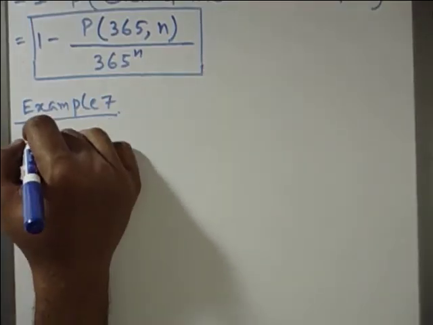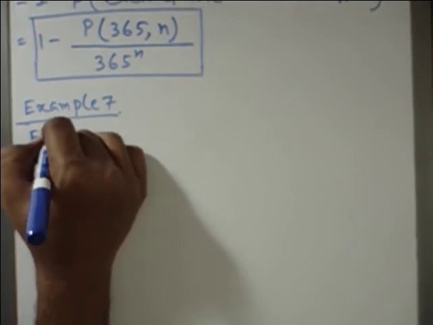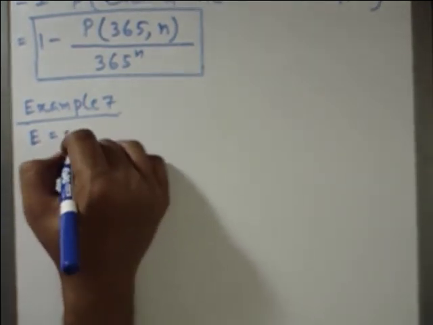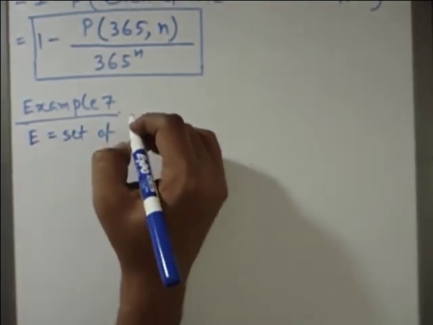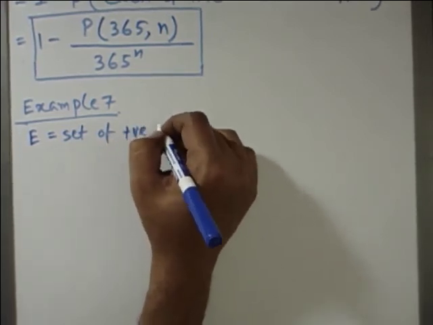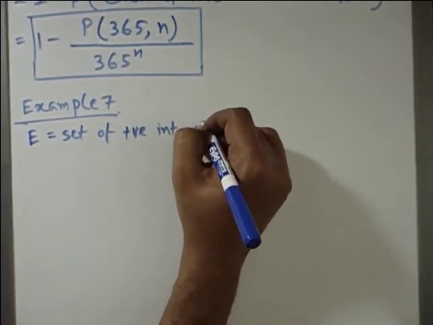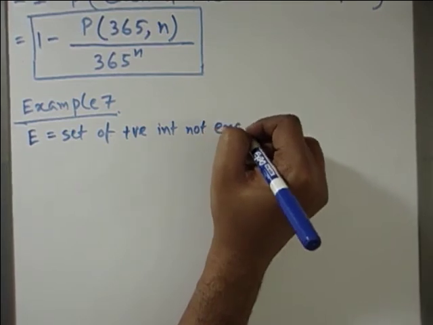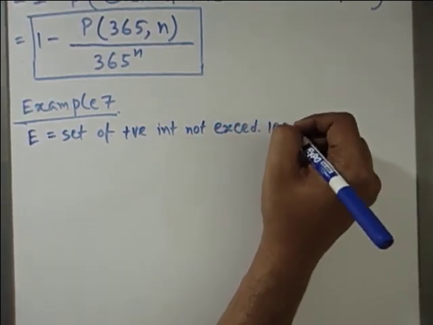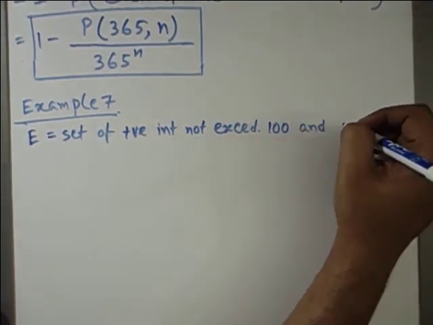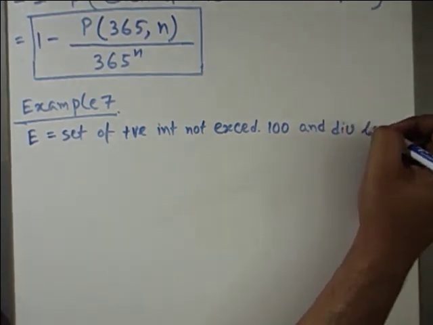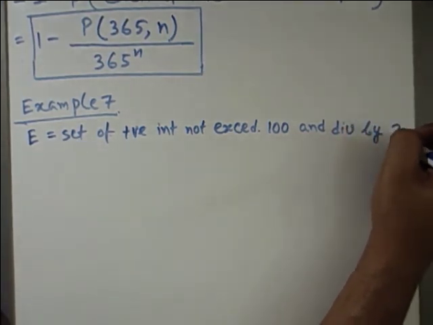Let's say E is the set of positive integers not exceeding 100 and divisible by 2.